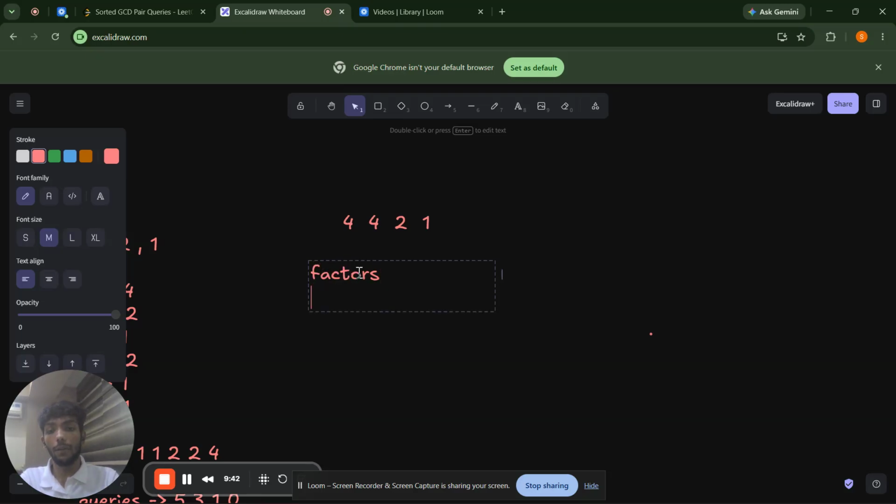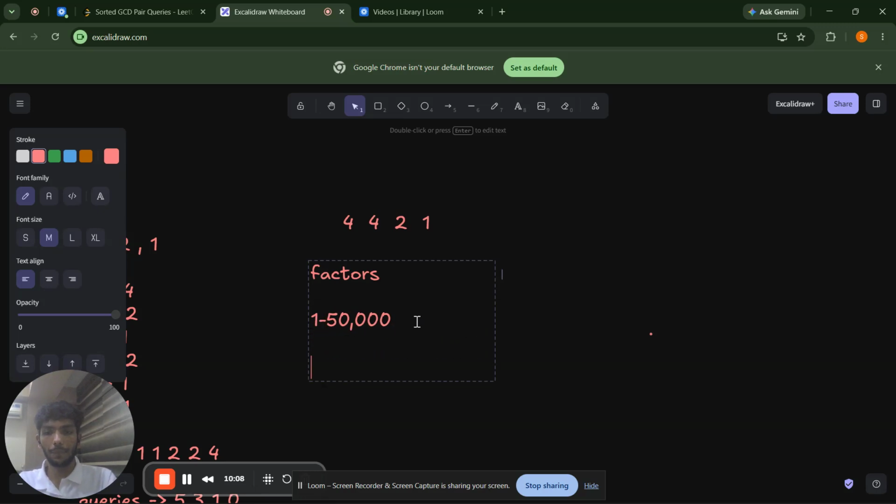We want all the factors that could contribute to the elements provided here. But since the maximum possible number is 5 into 10 power 4, why not find all the factors and all the multiples that lie within this range, that is the range from 1 to 50,000.